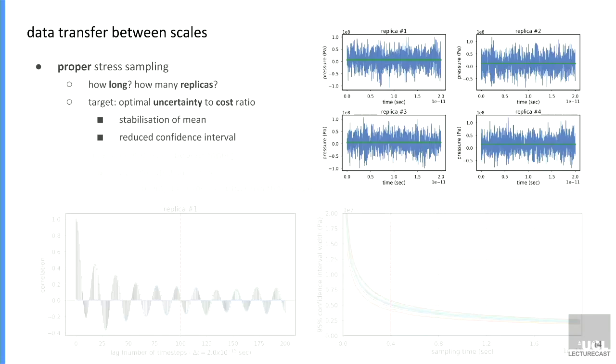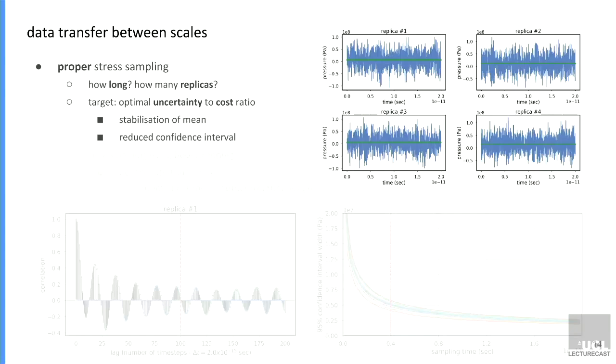If you take a replica of your epoxy resin, for example, and you set it at constant volume, number of atoms, and temperature for 20 picoseconds, what you see is an enormous fluctuation of the stress, which is simply due to thermal fluctuations. You need to know how long you have to average the stress, and over how many replicas you have to average it, to get the actual stress in your system.